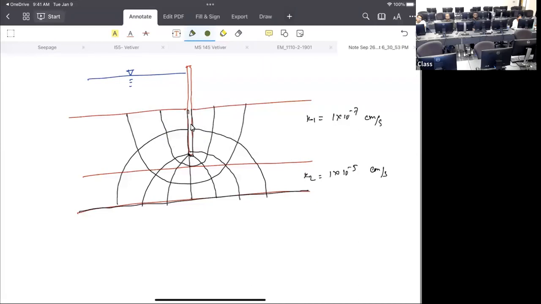First of all, according to the rules, we need to adjust these two flow lines first, right? It is going from less permeable to high permeable, right? So your flow line is going either closer or further.